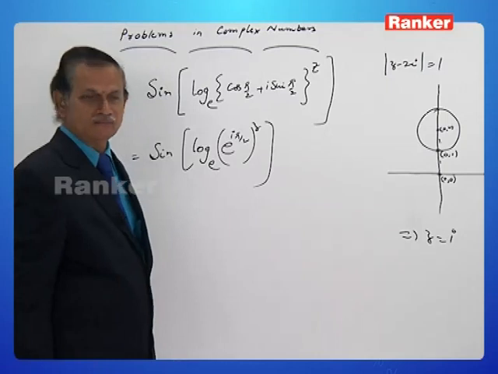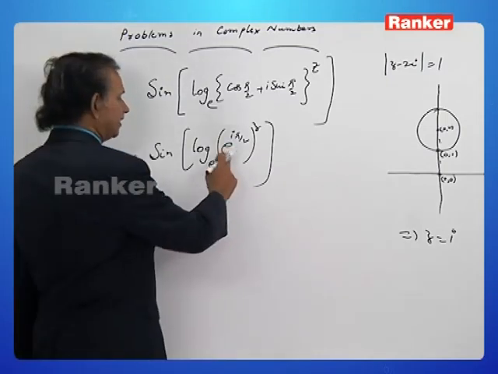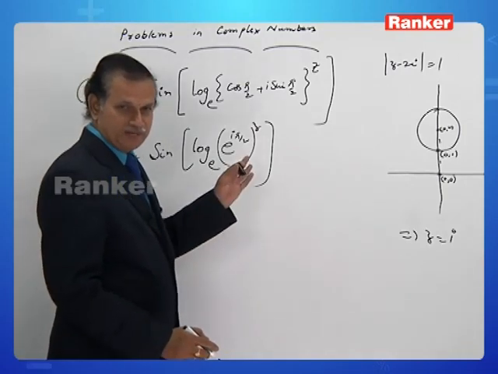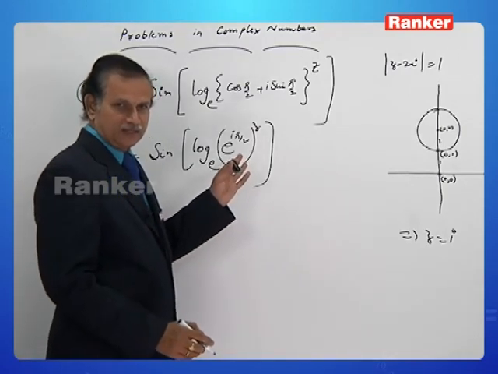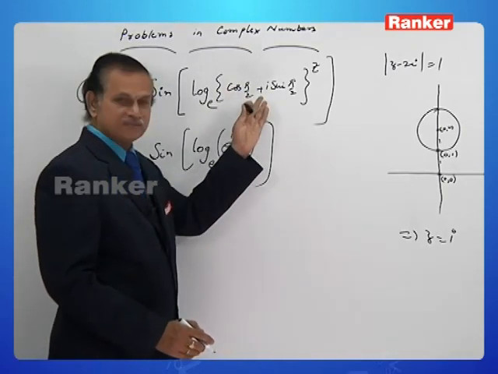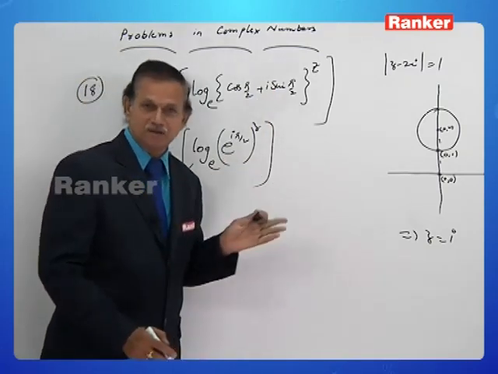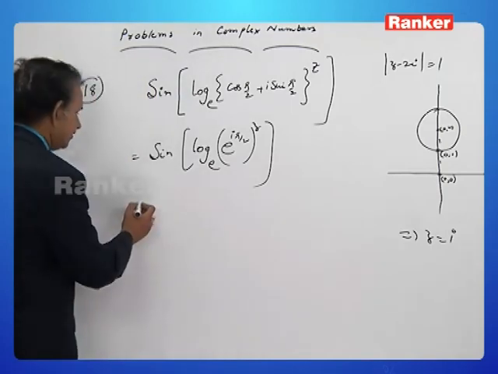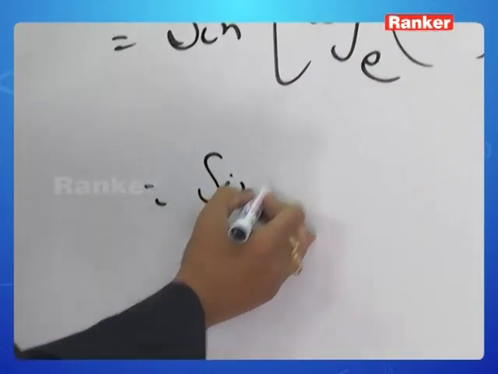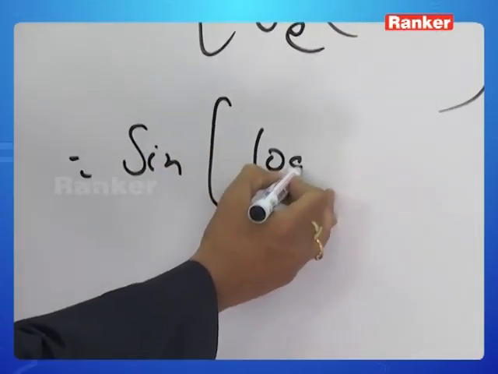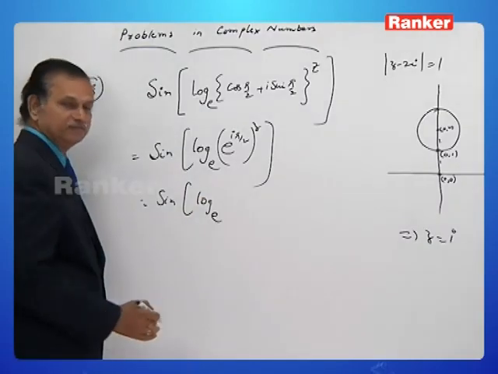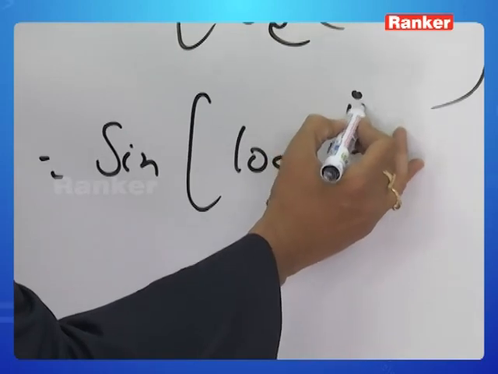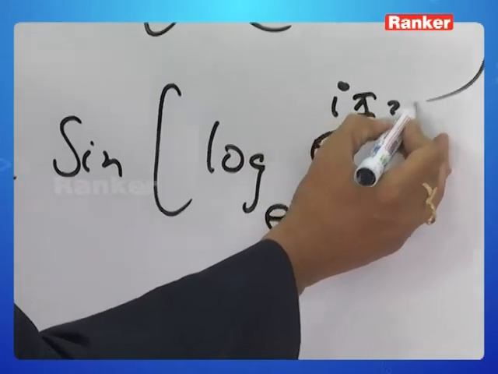That has been given. Cos theta plus i sin theta is nothing but e power i theta, of course, by Euler's definition. Yes, of course. Well, this is nothing but sine of log to the base e of e power i pi by 2 whole power z.